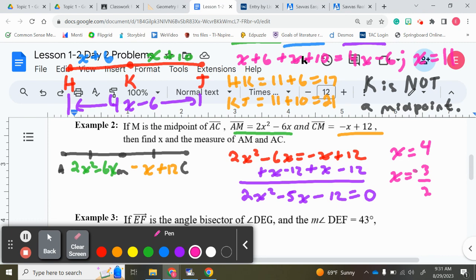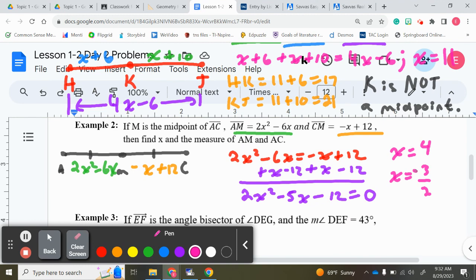Now, what do I do with these in order to solve? First off, is it okay to have a negative value here? Yes or no? What do you guys think? No, because it's the measure of distance.